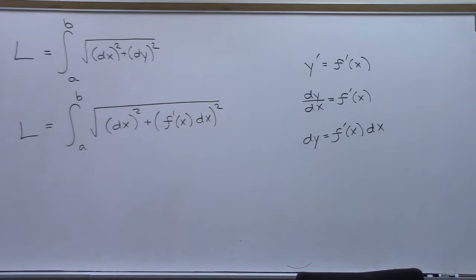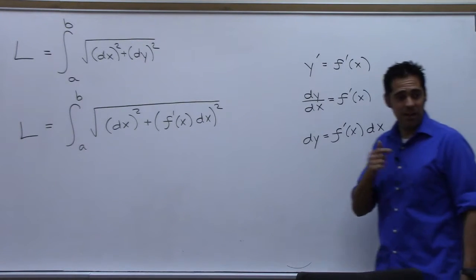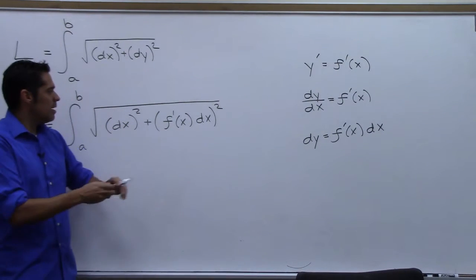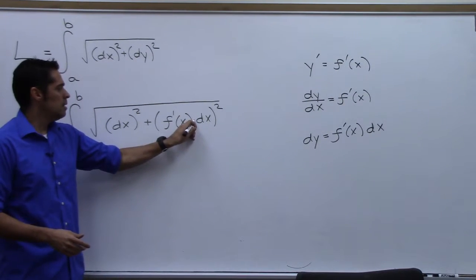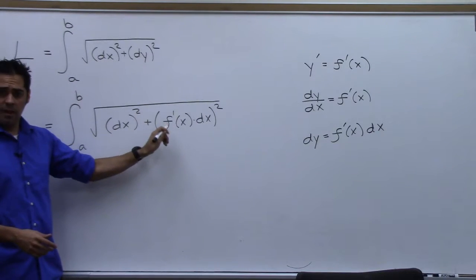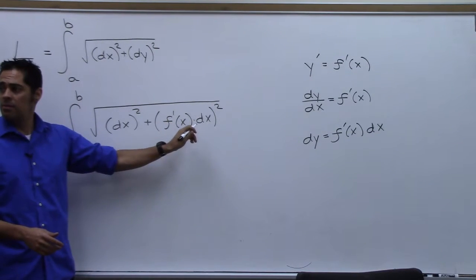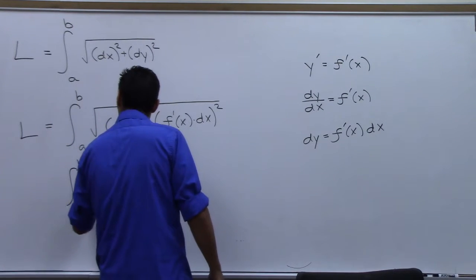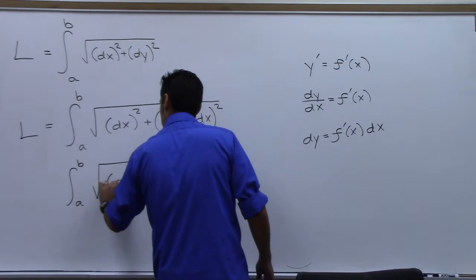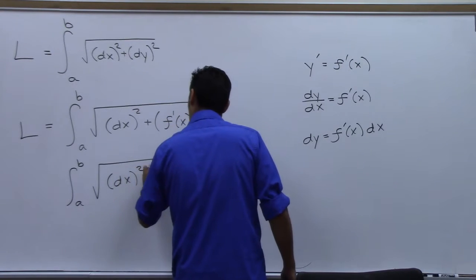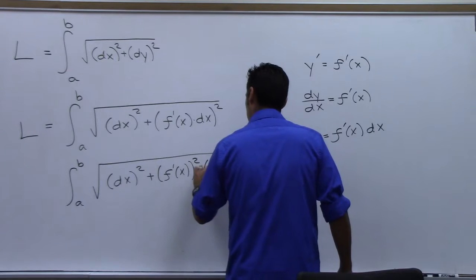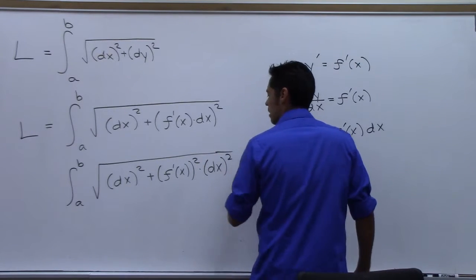Does anybody see what I'm going to be able to do? Factor out a dx. Actually, since I'm squaring this, and this is a product, I'm going to square the derivative f prime, and I'm going to square the dx. So they'll both be squared. It'll look like this. I'm going to write this, it's going to look a little strange, but just tell me if you agree or not. Isn't that the same thing?